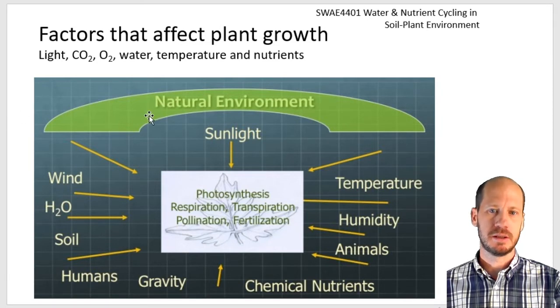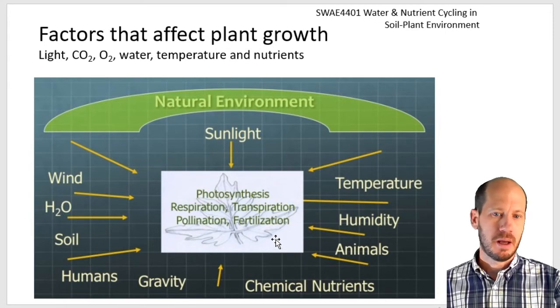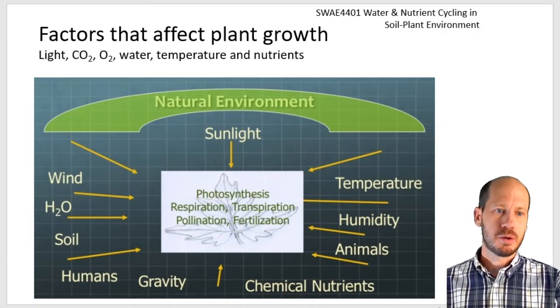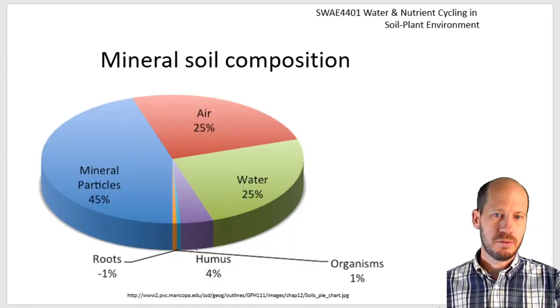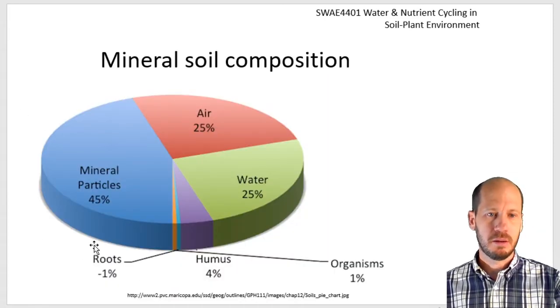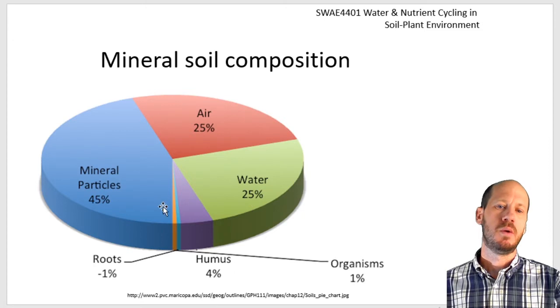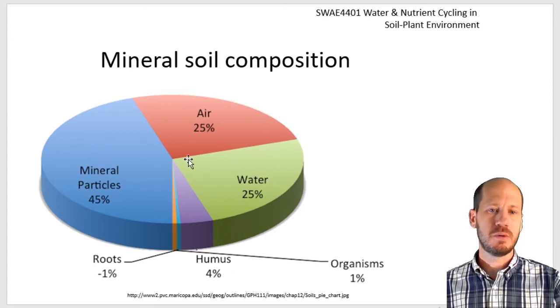There are many others like sunlight, temperature, humidity, wind, human effects, etc. But when we look at the soil as an environment, we have to think about its main components: the pores, the air and the water, and the mineral particles. So the chemistry of the relationship between these phases of air, water, and the minerals is really important for plant nutrition.